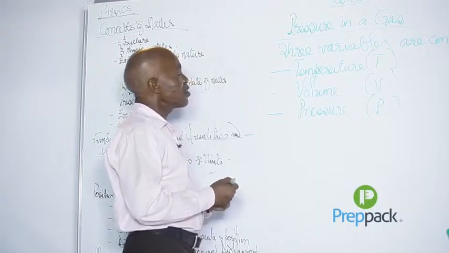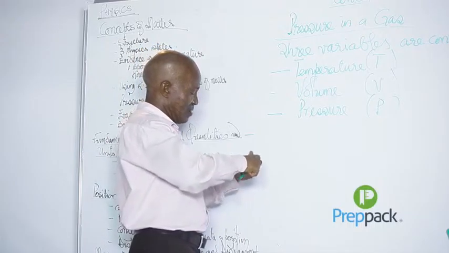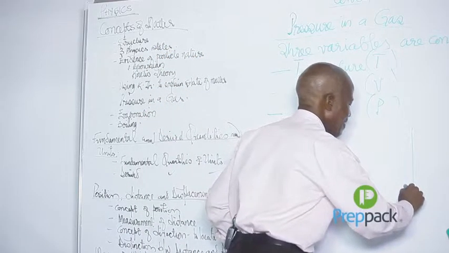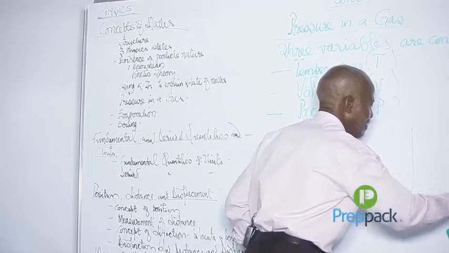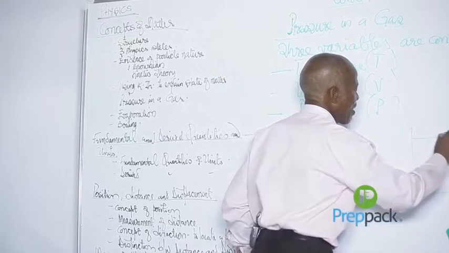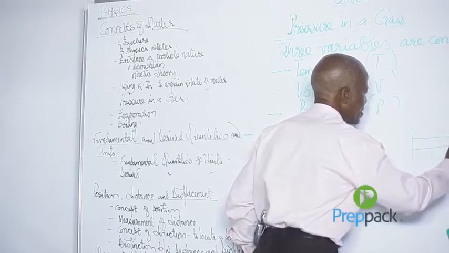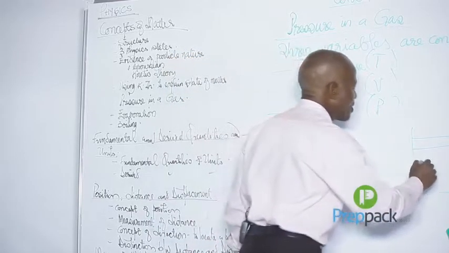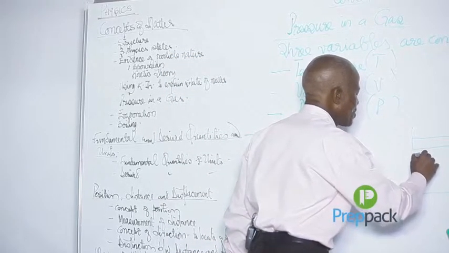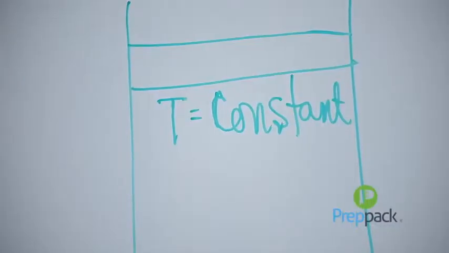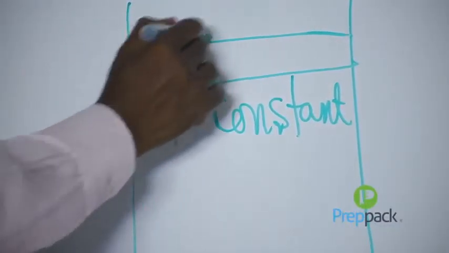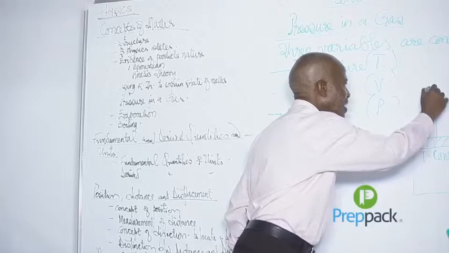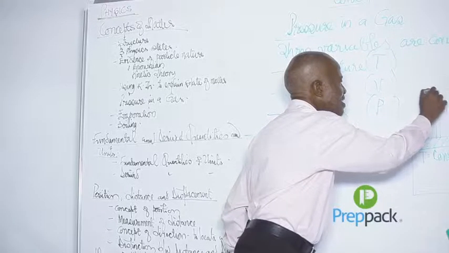So now let's look at this. We have a container like this, and we have this. The temperature in this case is kept constant. This is the piston, and this is the plunger.